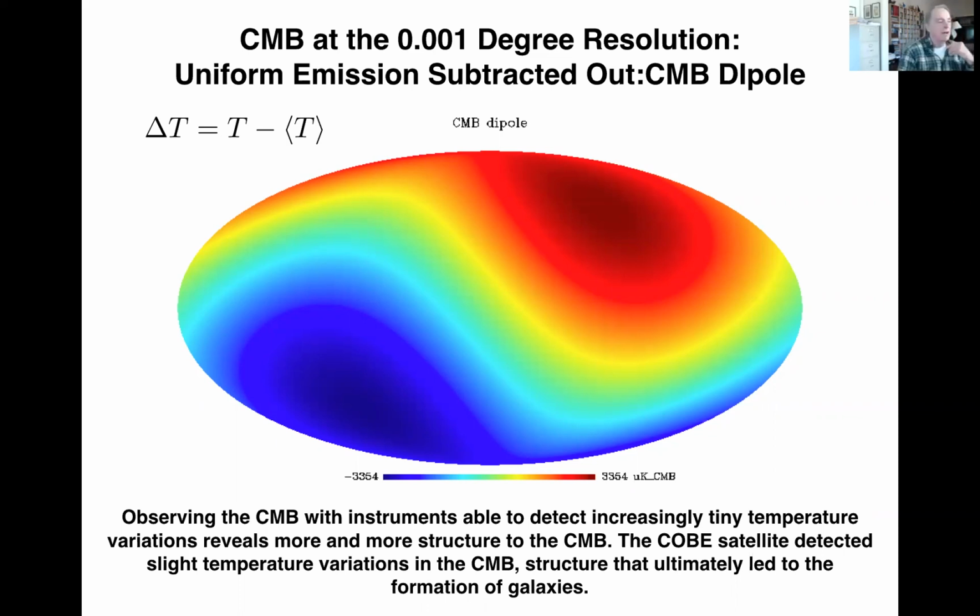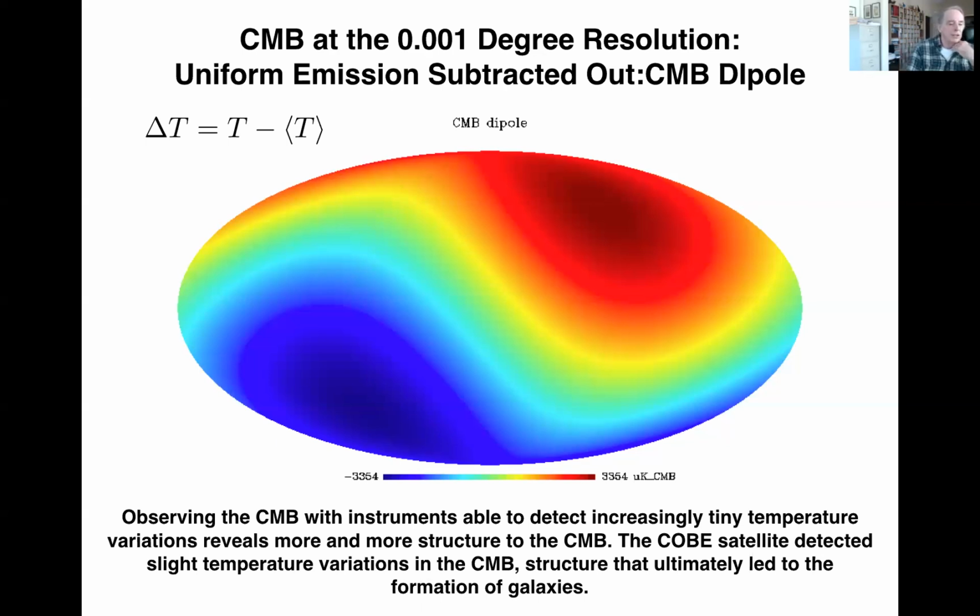That is part of the all sky view. Part of the radiation had a temperature slightly less than 2.728, and another part, the red part, had a temperature slightly greater than 2.728. It wasn't completely uniform. And this is the so-called CMB dipole.